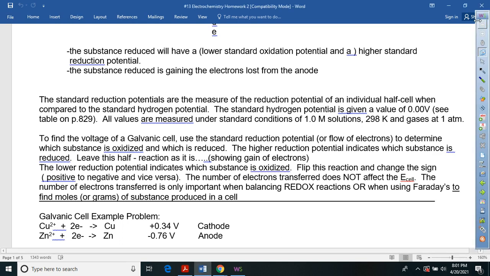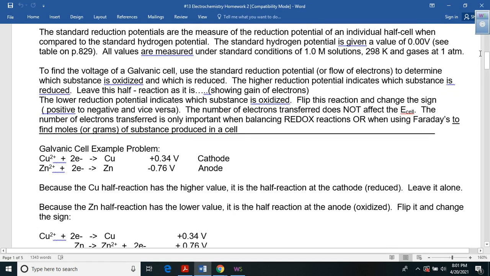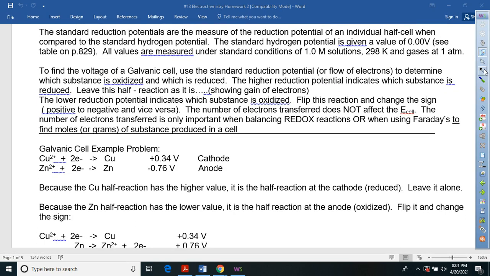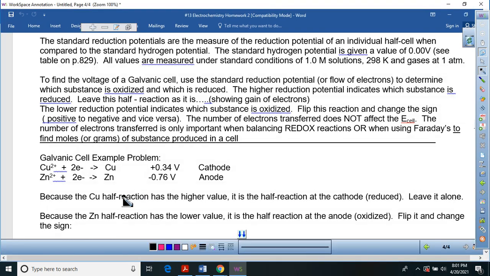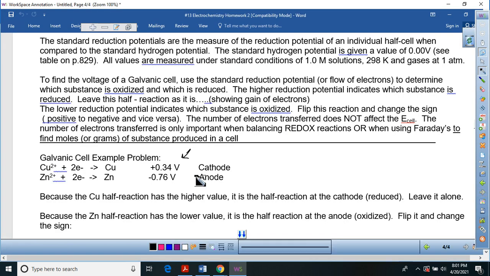Okay, so when we look at the example provided here, this is showing an example where we have a battery created with copper and zinc. And the cell potentials reduction values have been provided to you here. You could either look on the table here and find those numbers yourself, but in this case, I've provided these to you.